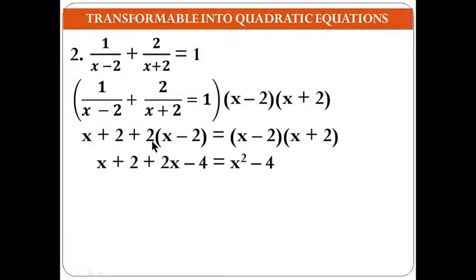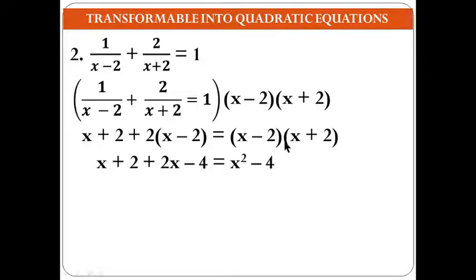So, next is simplify yung ating nakagroup. So, just copy again the x plus 2 plus, so 2 times x is 2x, then 2 times negative 2 is negative 4 is equal to, so using any method of multiplying binomials, 2 binomials, pwede FOIL method, or kung ano, so get the product.